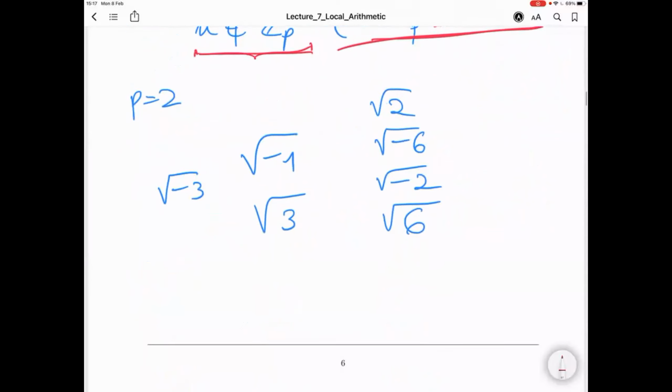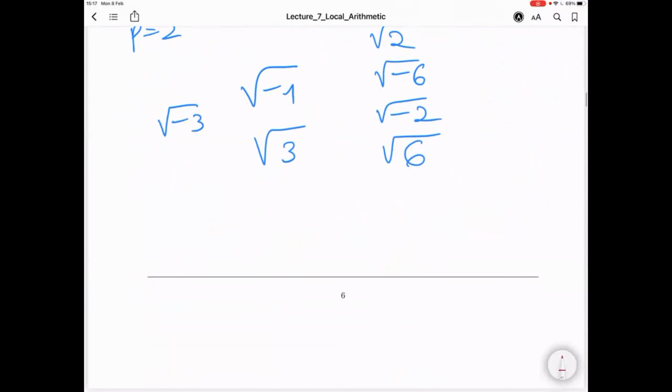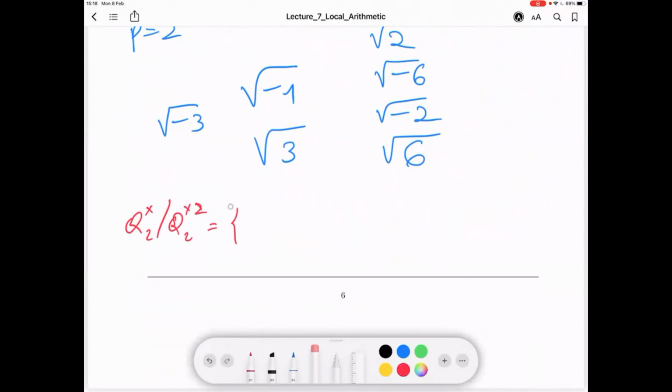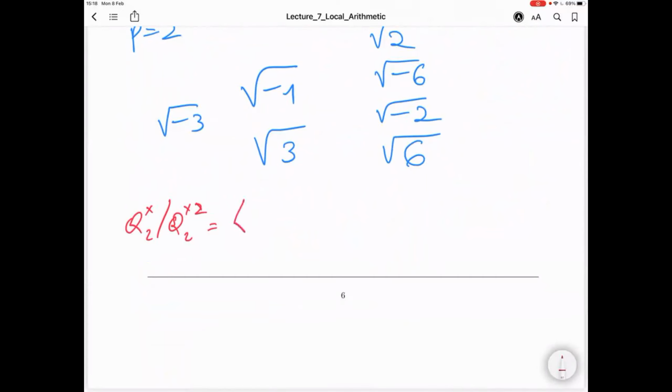Okay, so when p is equal to 2, Q2 star modulo squares, recall, as I keep on insisting, let's think of it as an F2 space. It has a basis consisting of 3 elements, and those 3 elements are minus 1, minus 3, and 2.